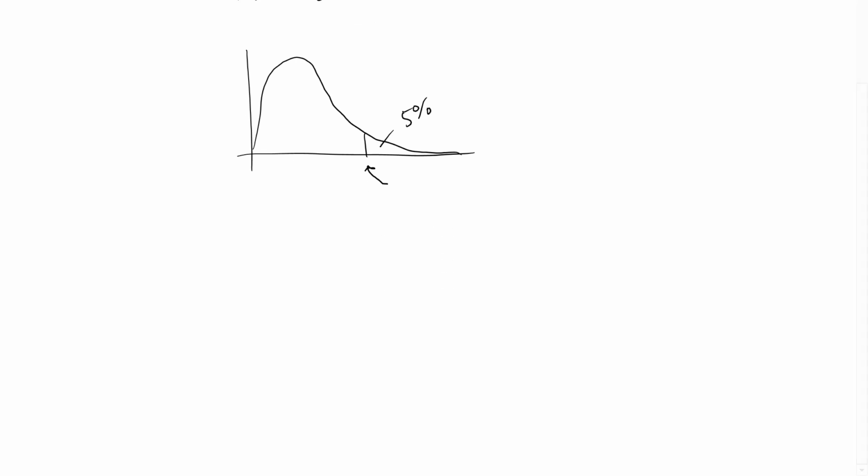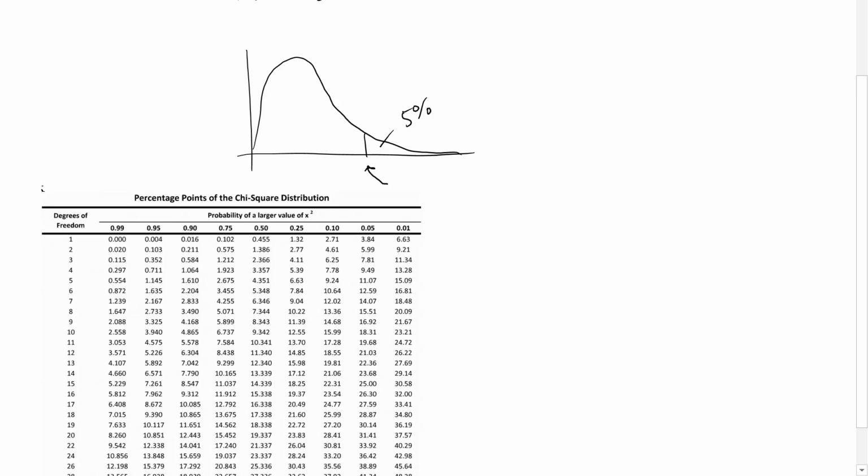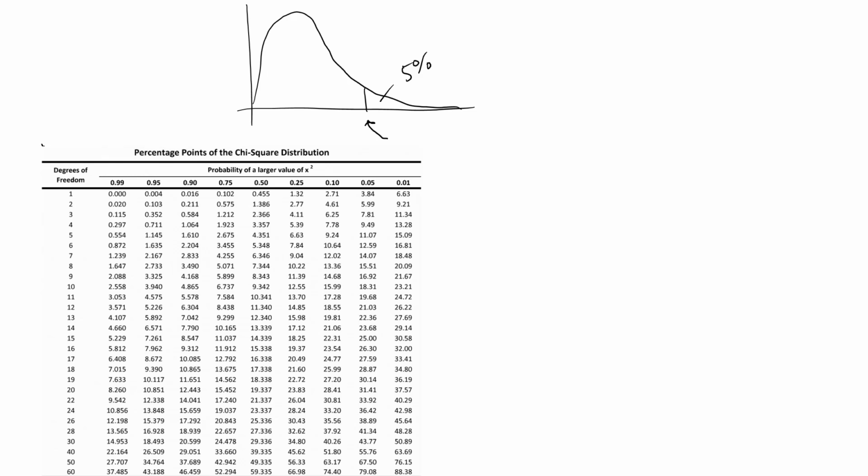And there are many other ways of doing this. You could, for example, use a table. Most tables do plot the right-hand tail of the distribution because those are the ones we're most often after. So for example, using the table, you can find degrees of freedom 5 here, and we're looking for the right-hand tail of 5%, just like that.